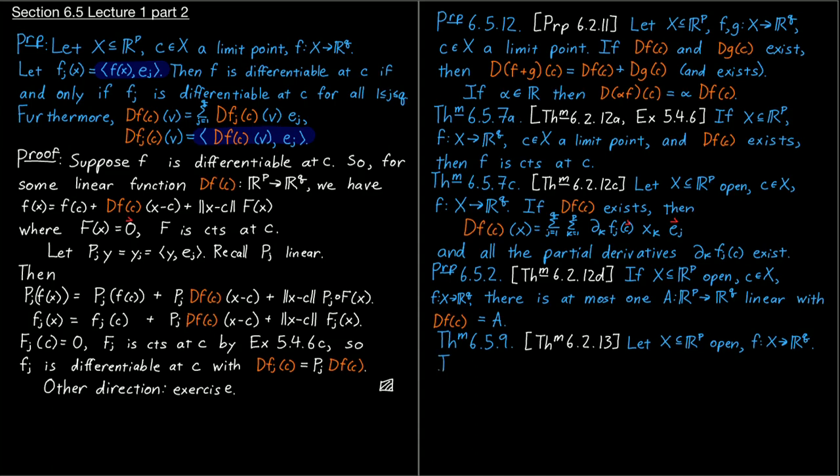We have that if partial k f_j exists and is continuous at C for all j and k in the appropriate range, that is k between 1 and p, j between 1 and q, then f is differentiable at C. That derivative exists.